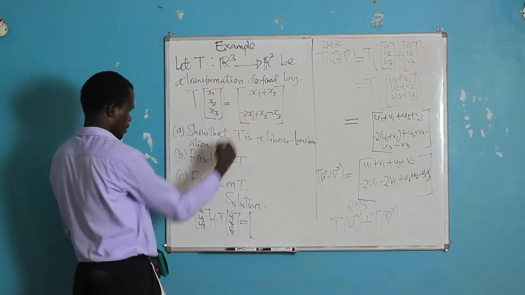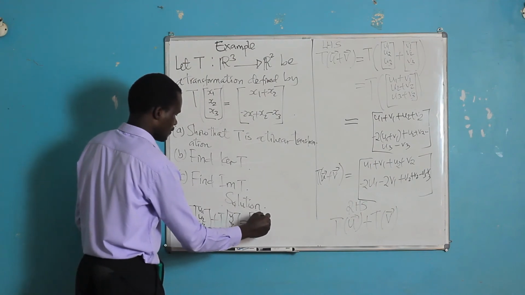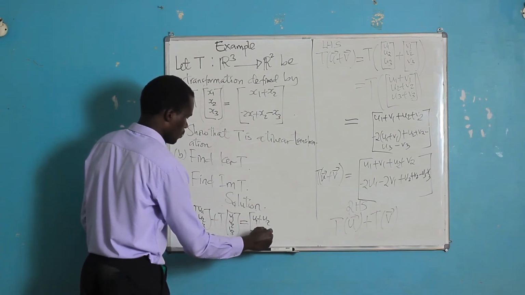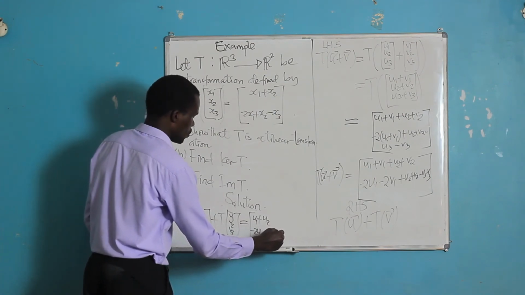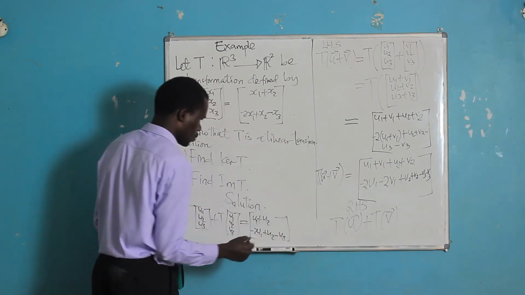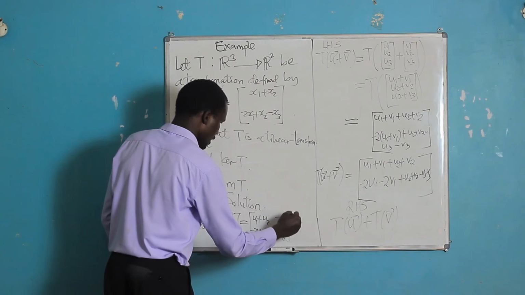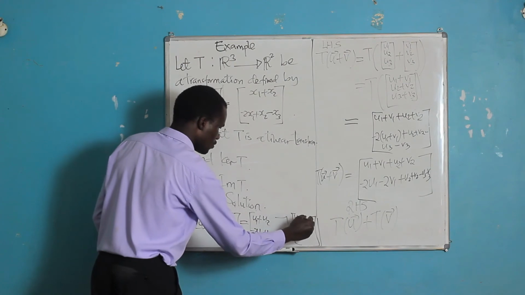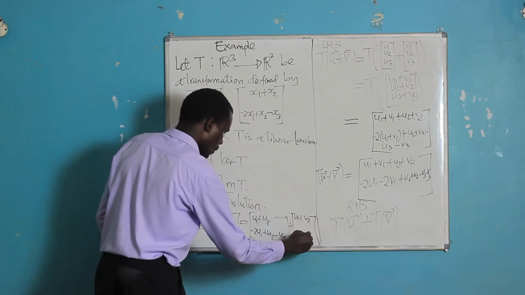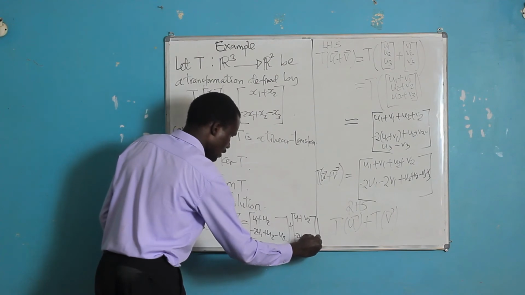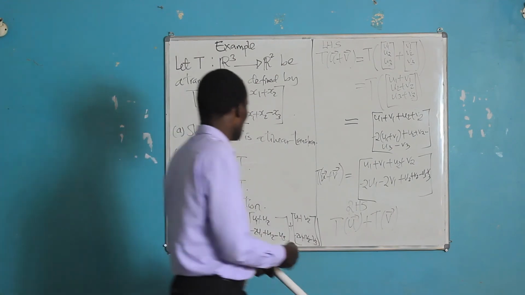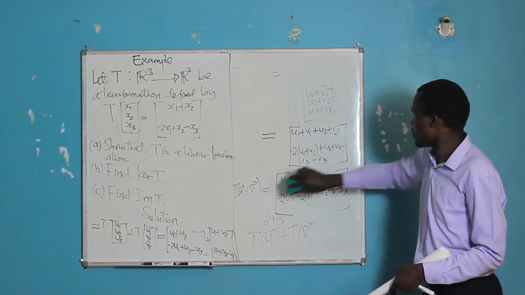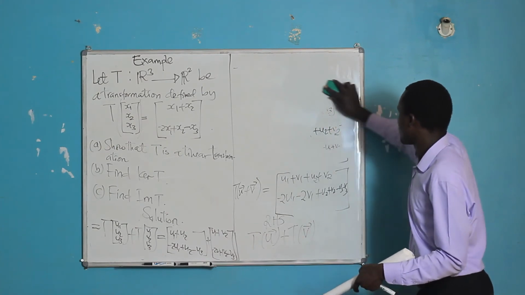Here we are getting u1 plus u2, and negative 2 u1 plus u2 minus u3, plus, for this one, v1 plus v2, negative 2 v1 plus v2 minus v3. Okay, let's add these two vectors. Shall we get the same we obtained in the left hand side? Let us check.